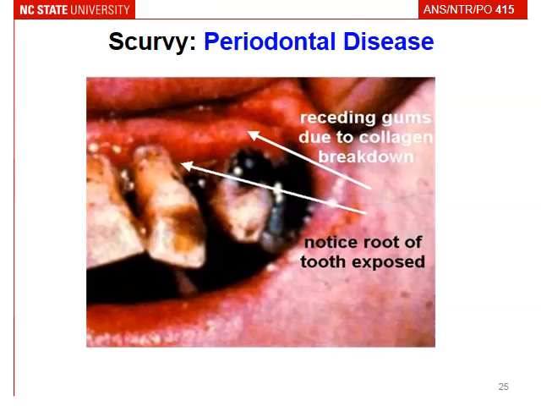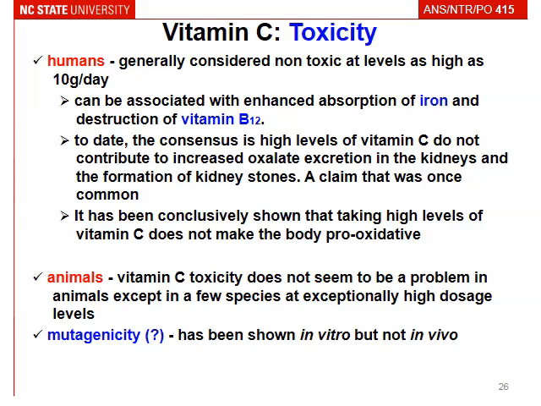We have receding gums due to the lack of resynthesis of collagen, and that ends up exposing the roots of our teeth, and then bacteria can grow in there, and that's what is going to end up causing infection and dental caries, and eventually you'll lose your teeth if it goes on for too long.